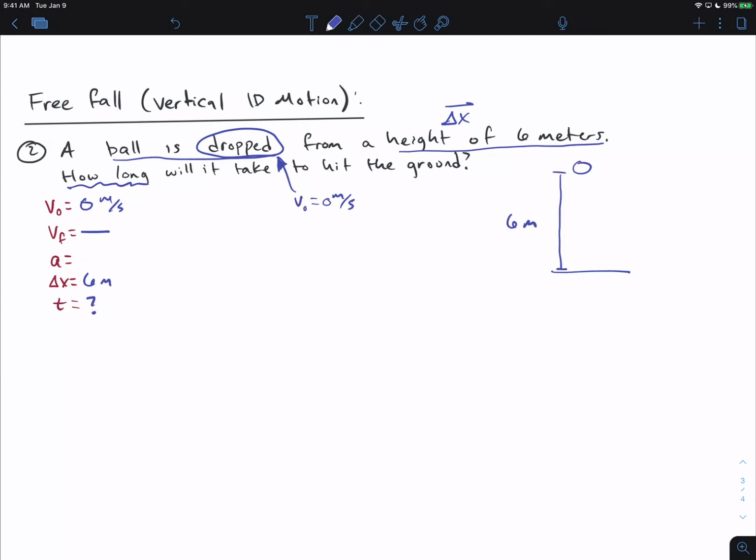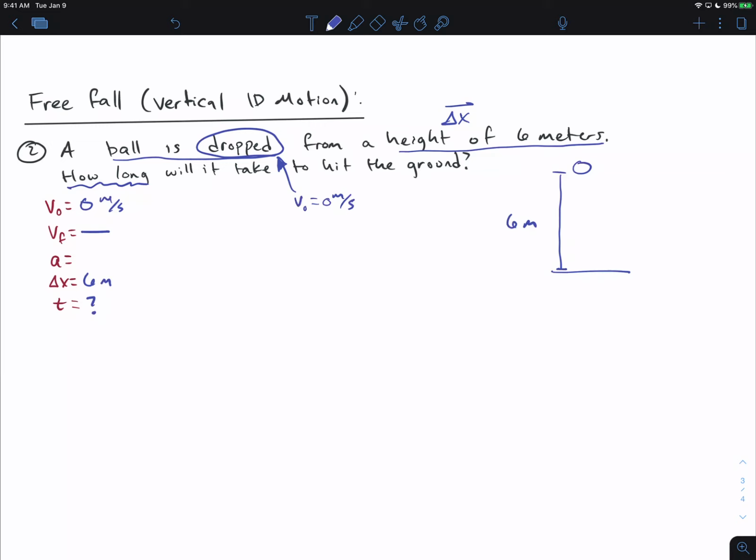gravity. Remember, whenever something is in the air, if it's not touching anything, we're not going to be considering air friction in this class. It's just a little bit outside the scope of what we're going to be doing. So we can assume that gravity is the only thing pulling this ball down to the earth, and gravity has a certain acceleration it exerts on everything all the time.